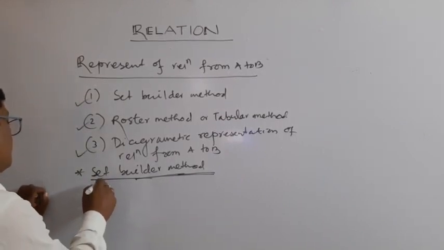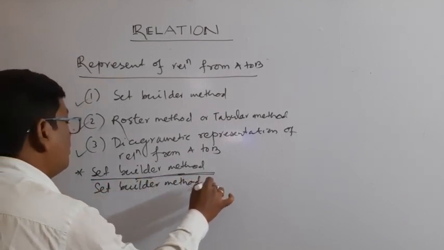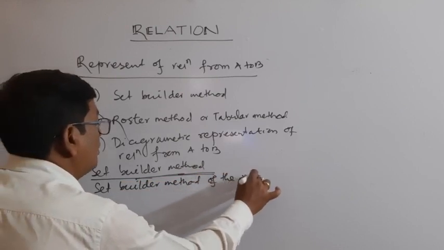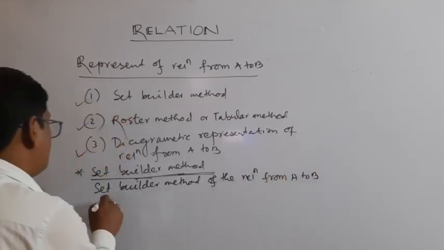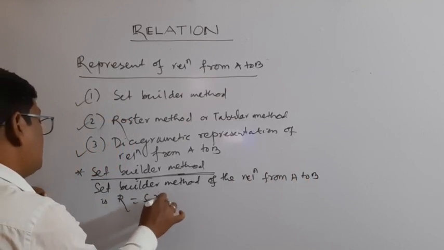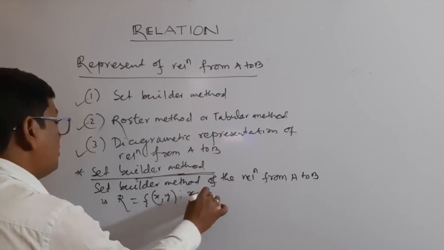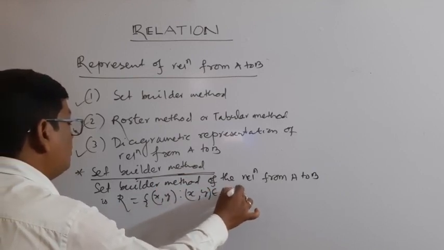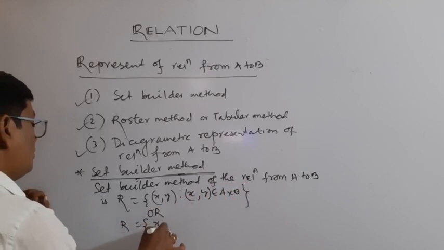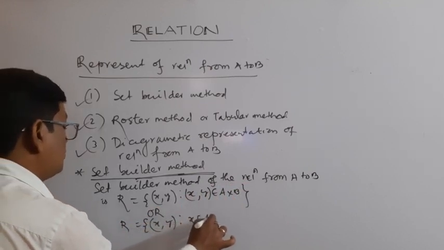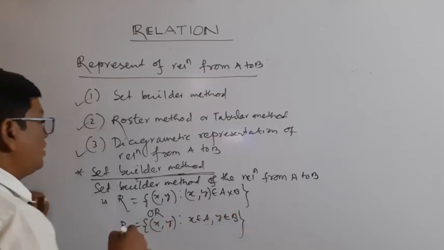The set builder method of the relation from A to B is R is equal to {(x, y) such that (x, y) belongs to A cross B}, or we can say R is equal to {(x, y) such that x belongs to A, y belongs to B}. This is the set builder method of the relation.